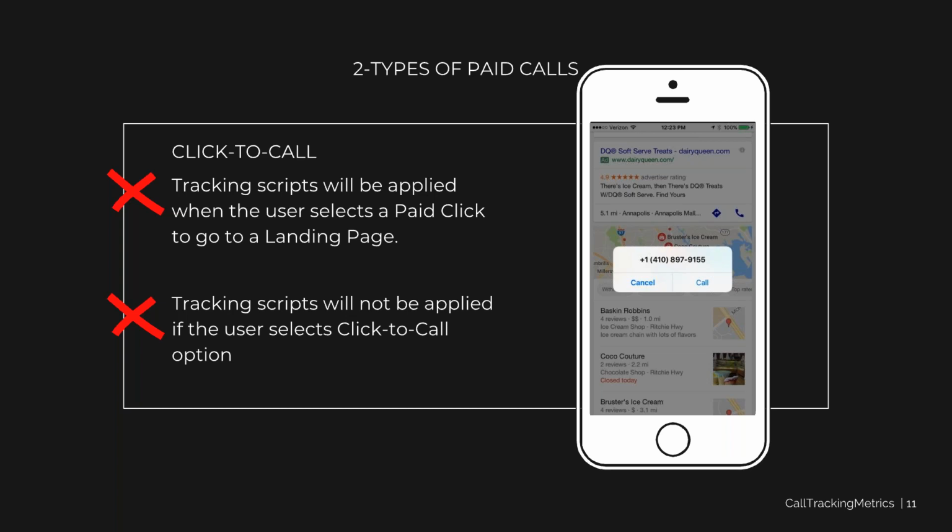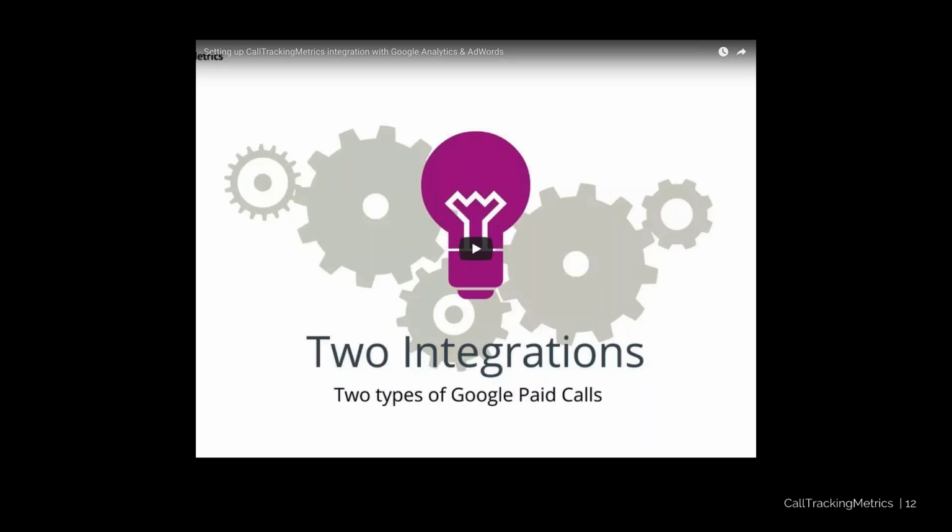So when you click to a landing page, that's actually an online source, while if you click to dial, that's technically an offline source, and because of that, we have to have two separate integrations in order to capture that campaign data. So to help explain that a little further, I have a video. I played this in the first on the first day, but it's very relevant today, so we're going to revisit it.